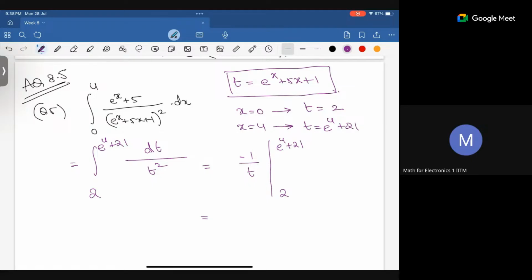I hope we are doing it correctly, no? Options are incorrect, sir, I think. But whatever we did is correct, no? I'm worried about whether we are making any mistake. I don't think so, sir. What if it is e^4 plus 6? Plus 5.